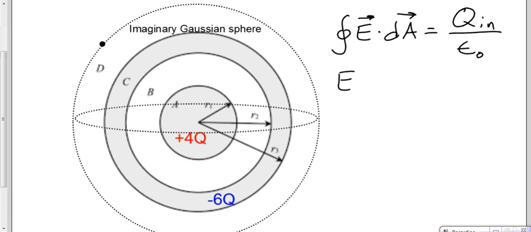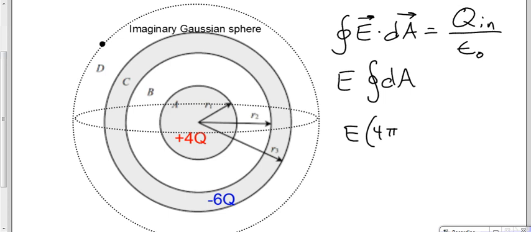We can ignore the dot product in the vector notation, and so we just end up getting the sum of all the little areas. And again, those areas mean the areas that we add up around the entire Gaussian sphere. Well, what is the area of a sphere? It's 4 pi r squared.